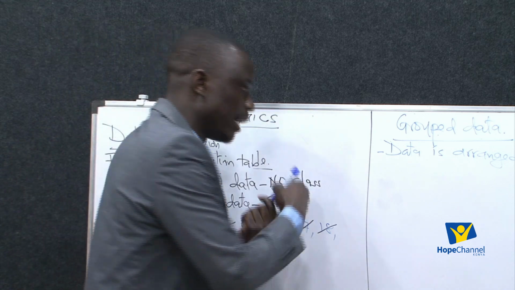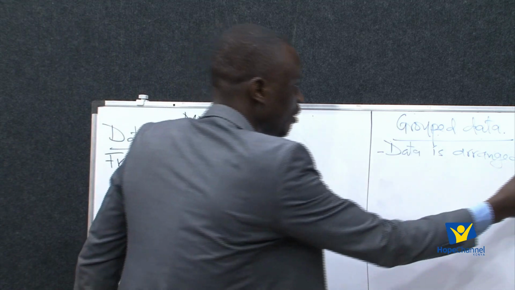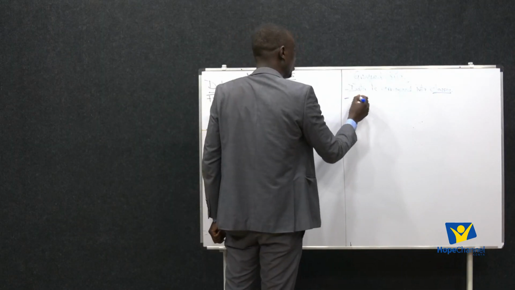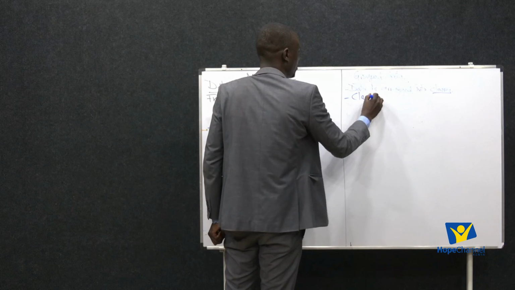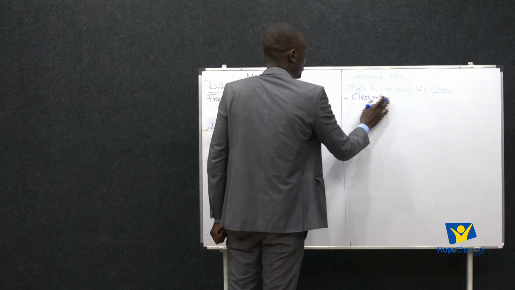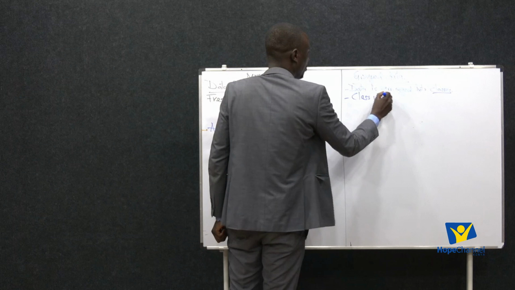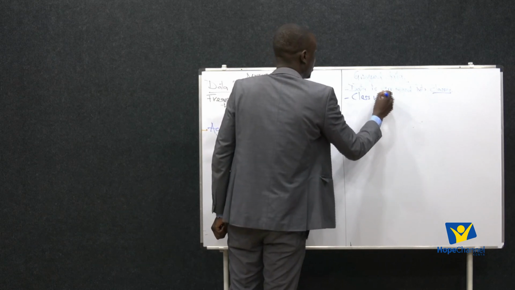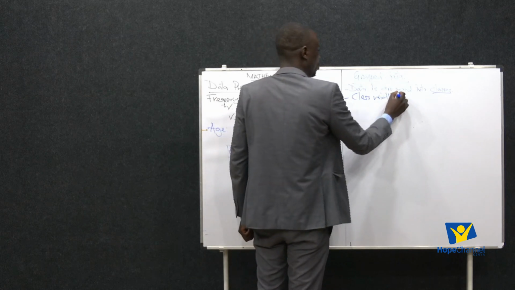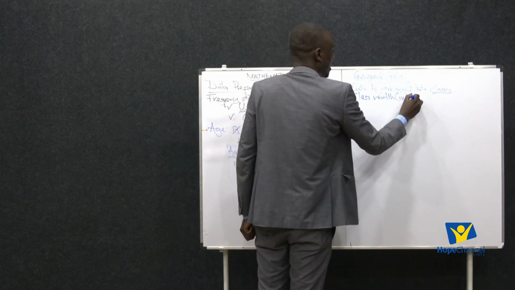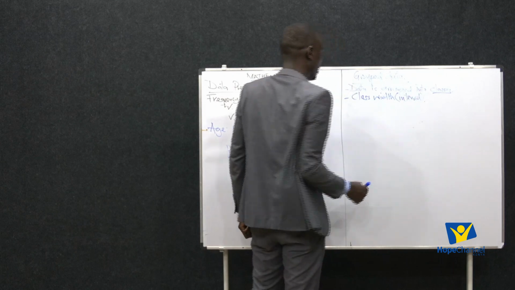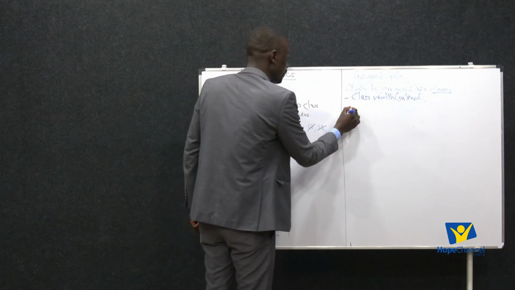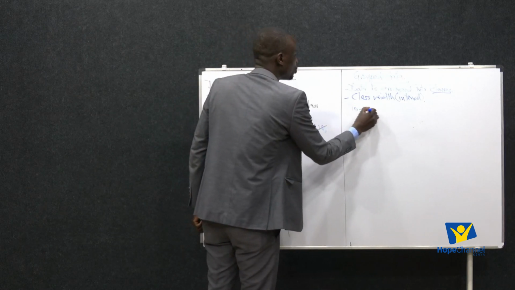So in a class, what do we need to know? We say that the data is arranged into classes. So these classes will be having what is called class width. The class width is also known as the class interval. How do we get this one? Assuming that maybe we are talking about 10 to 20.